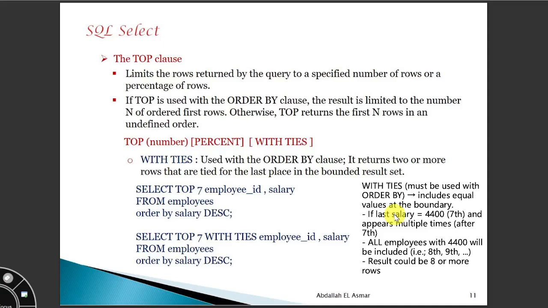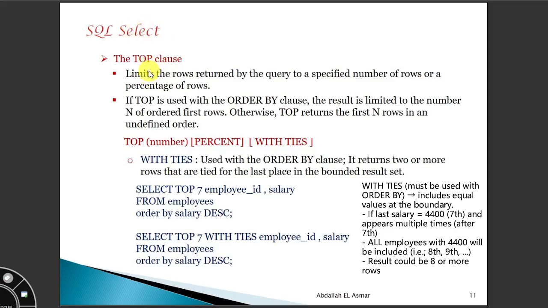The TOP clause. As I told you, you can say top 10, top 5, top 3. But there is something important with these. We will explain. The TOP clause, we can use it with select.